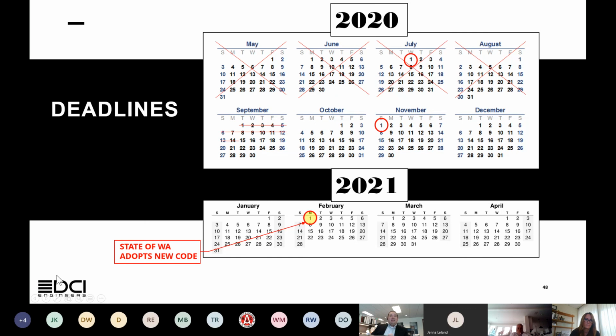Since that time, back in June, the code officials got together and pushed it back further to February 1 of 2021. So that is when City of Seattle and State of Washington are going to move into this 2018 code cycle. So we do still have a couple of months if there are any projects that are underway that could get fast-tracked and submitted before February 1, they could be vested in the previous code cycle.